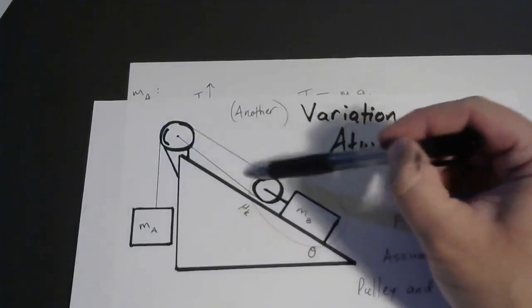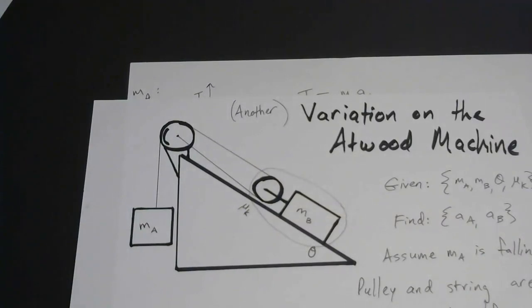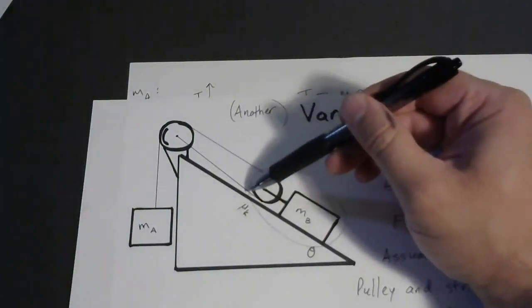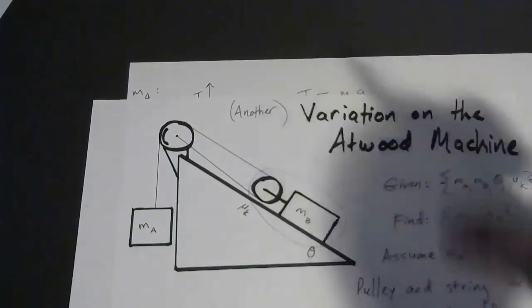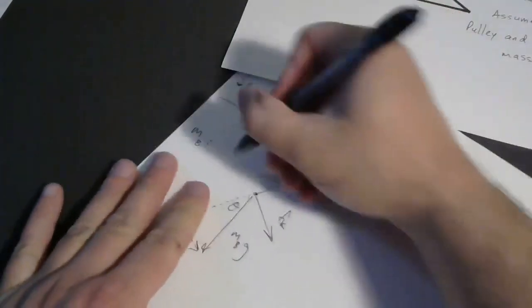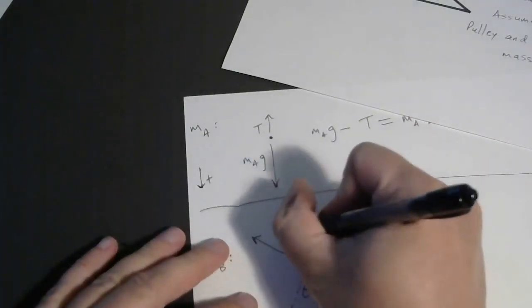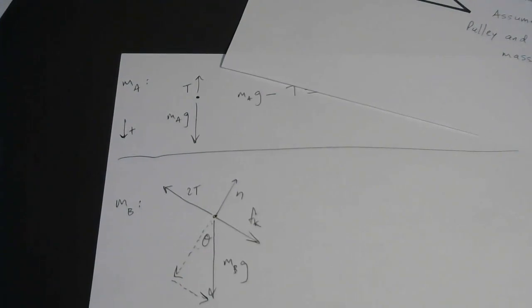Yes, there's a single string here that's wrapped around, but what you have to ask yourself is how many points of contact are there between the string or the rope and everything inside the bubble? And I see 2 points of contact. The tension is being applied here, and it's also being applied here. So I could draw 2 vectors here and label them both T, or just draw a single vector and call it 2 times T, T plus T. Those are all the forces that I can identify.